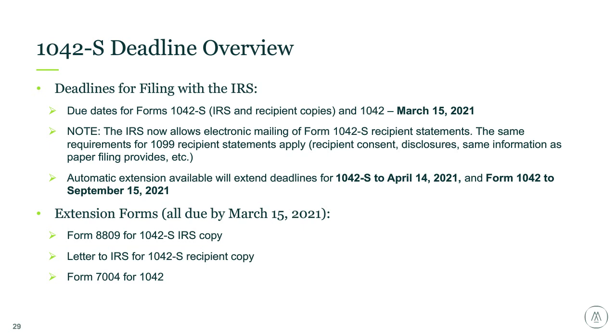And the 1042 to September 15th. Please keep in mind that there are 2 extensions for the Form 1042-S. You have to request separately an extension for the IRS copy on Form 8809, and there's a letter to send to the IRS to get an extension for the 1042-S recipient copy. Form 7004 is used for the 6-month 1042 extension. And we do hear the same kind of noise about whether or not the IRS will continue to allow automatic 30-day extensions for the Forms 1042-S. So we are keeping an ear out for that.